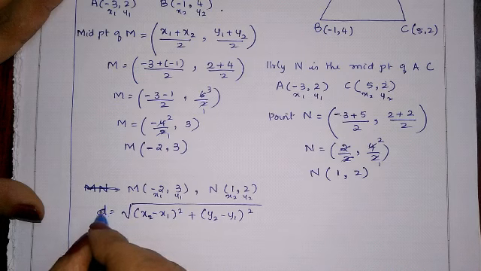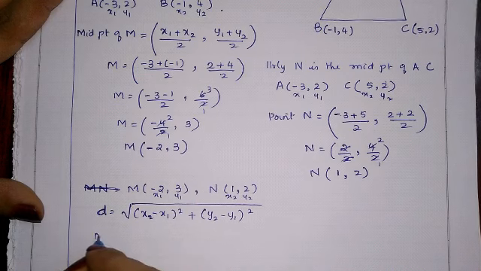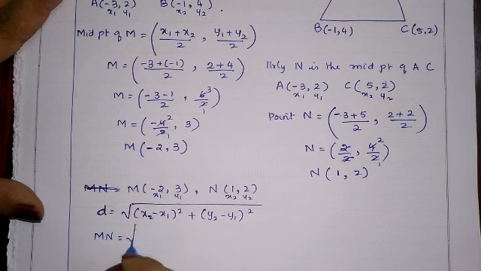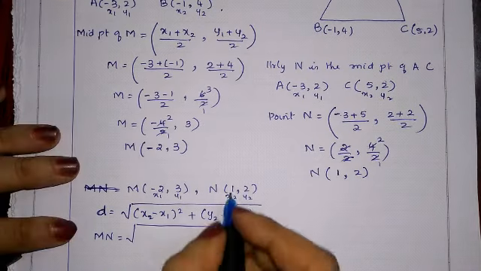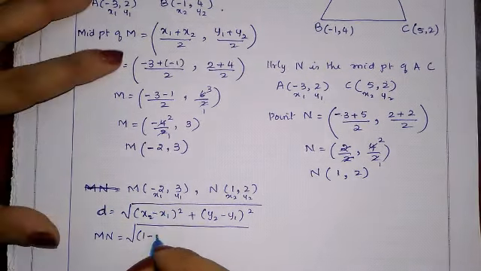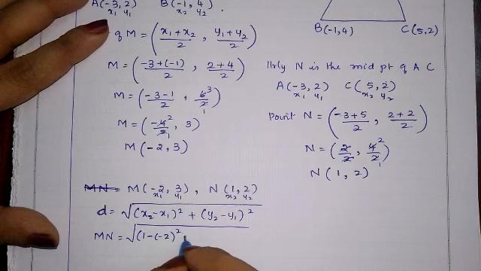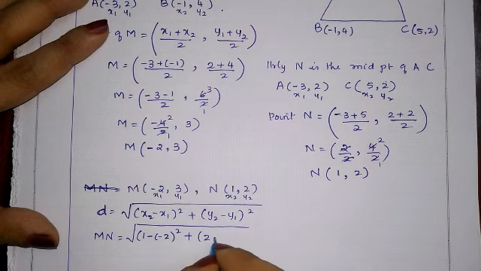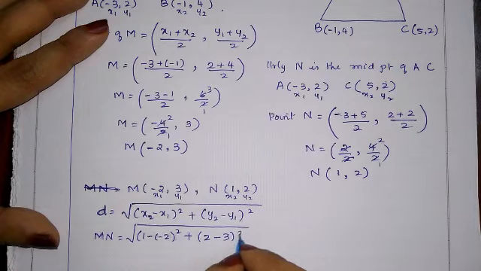So MN is the root of (1 - (-2)) whole square plus (2 - 3) whole square.